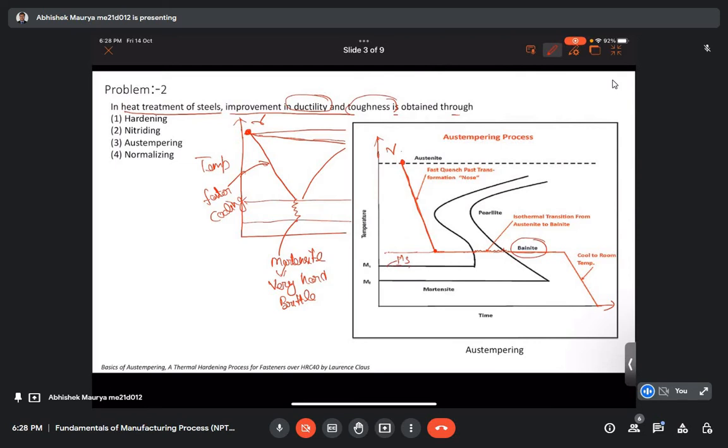After the transformation into bainite, we can further cool it down, so we will get bainite at room temperature. And this bainite has a good balance of ductility as well as toughness. So it will have good ductility and toughness.